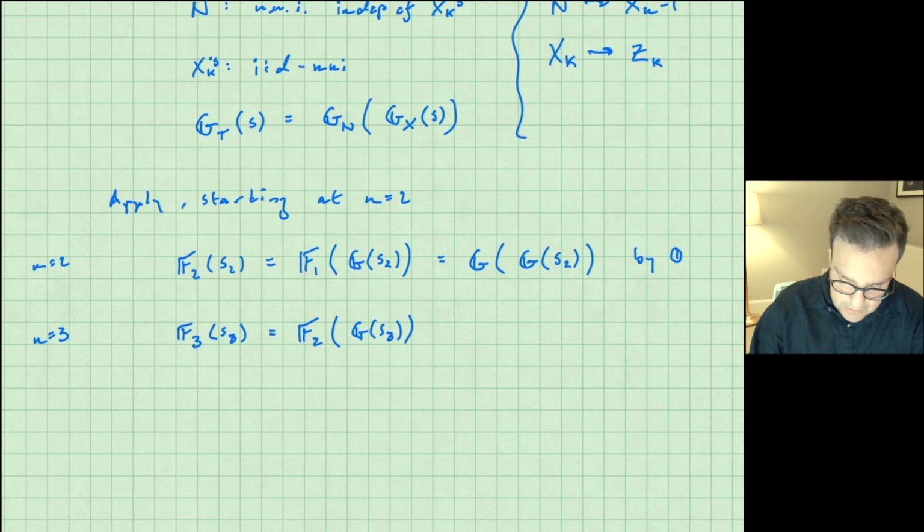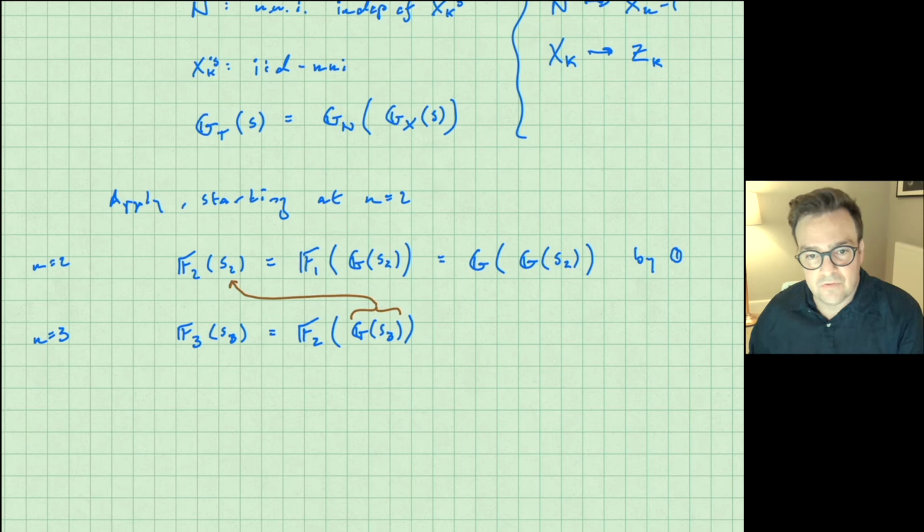But this quantity f sub 2, we already figured it out, right? So what we want to do is basically take this quantity here and put it into the argument for s sub 2, and see what we get.